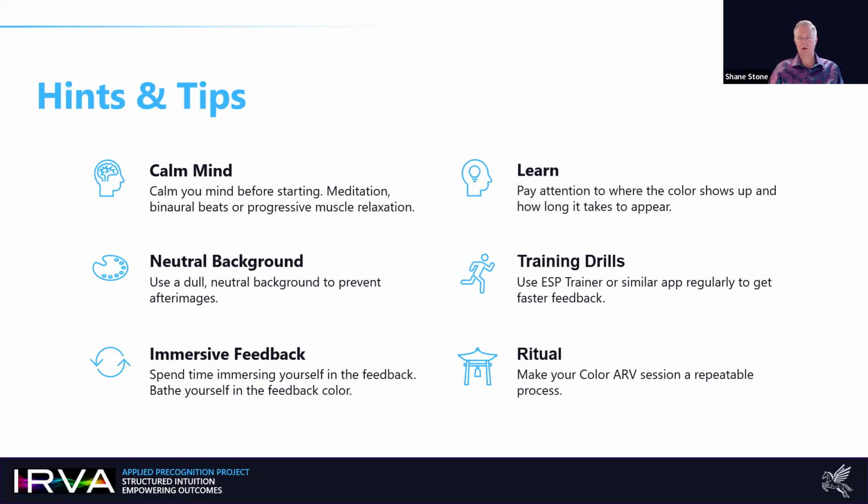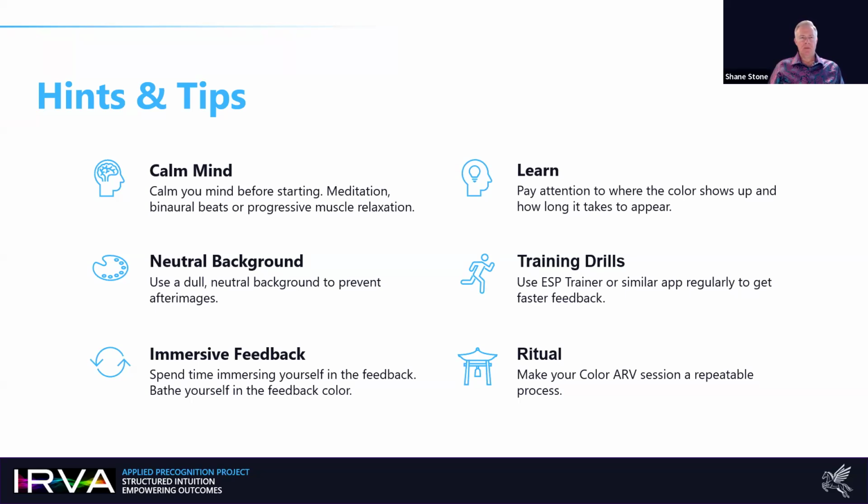So that's how I create a trigger for myself. For others, that trigger may be that you just do an ideogram on paper, or it could be that you tap yourself on the forehead. Whatever it is, that is the trigger for you, and really create that ritual end to end.